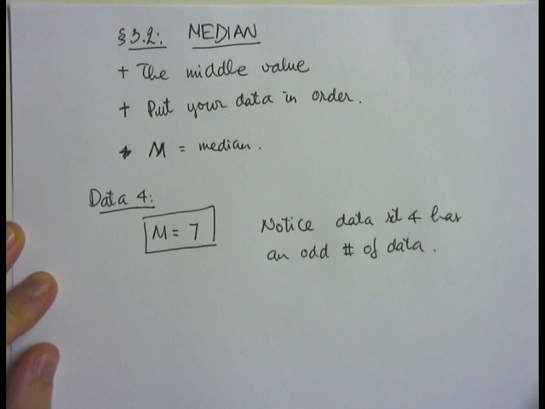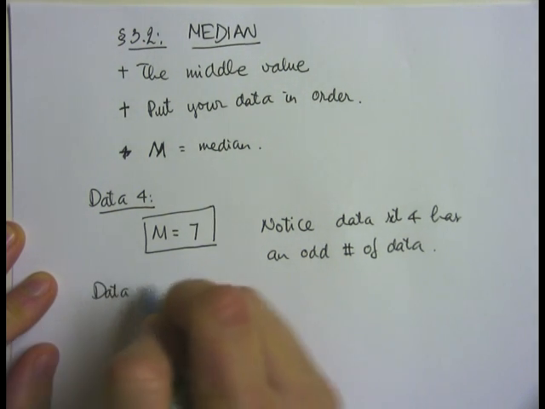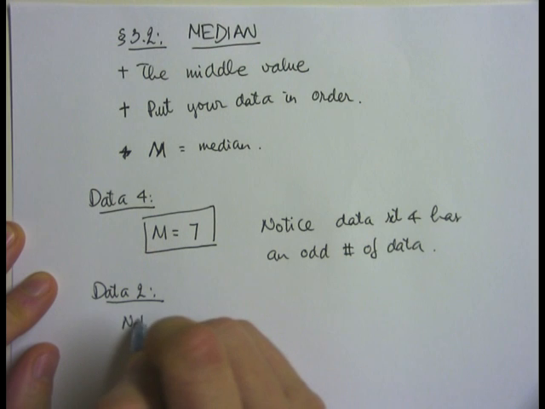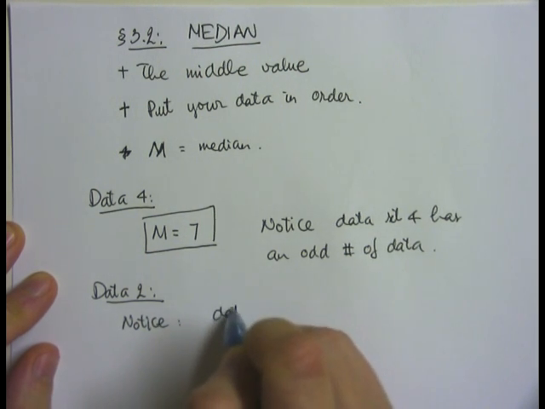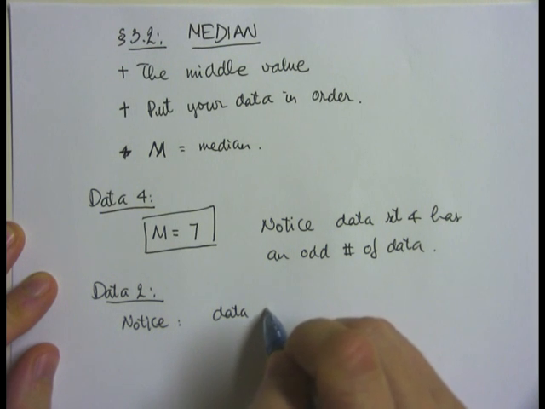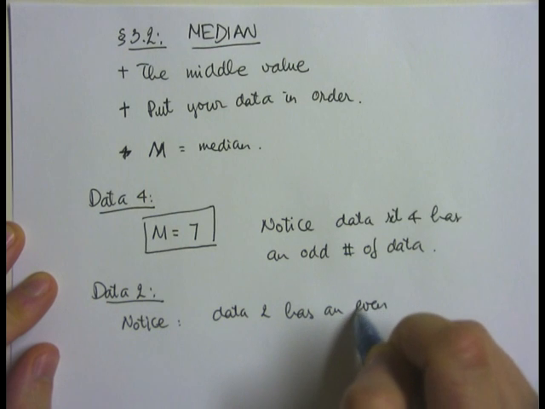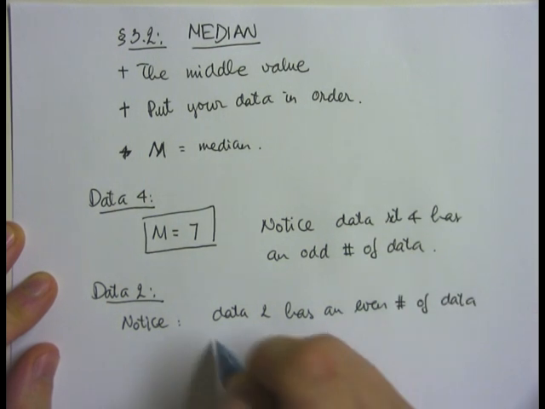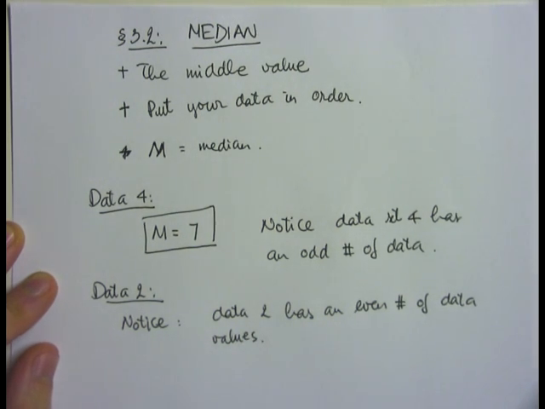Now, as another example, if you're looking into data set 2, what we noticed beforehand is that data set 2 has an even number of data values. So the problem now is, where can we find the middle value?